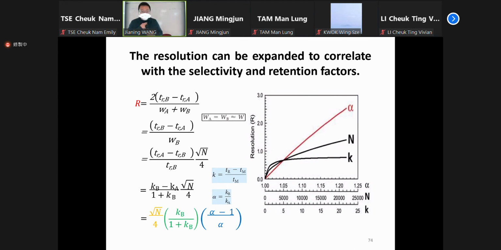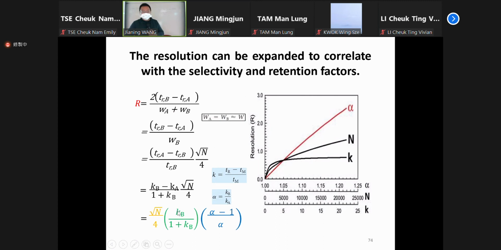When we do more mathematical treatment, we can apply k and alpha together to this formula, and we can build the relationship using three factors: the plate number, or the plate height, right?